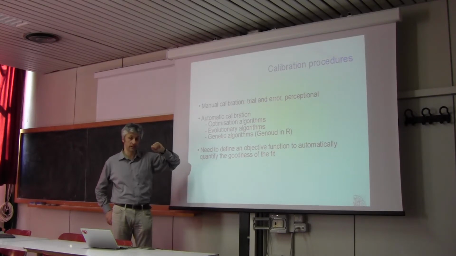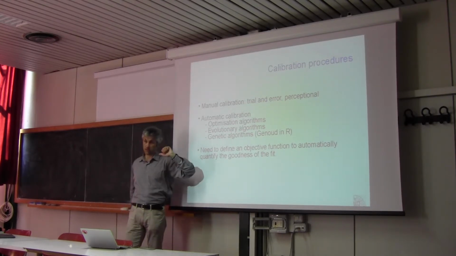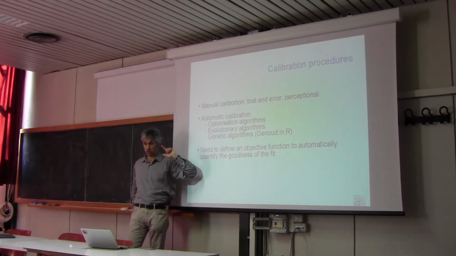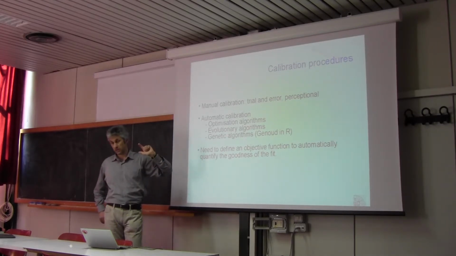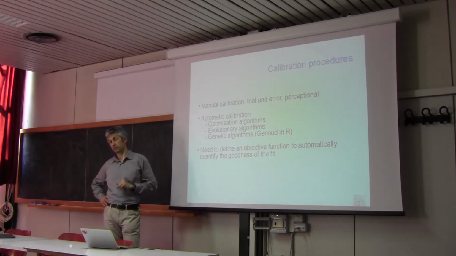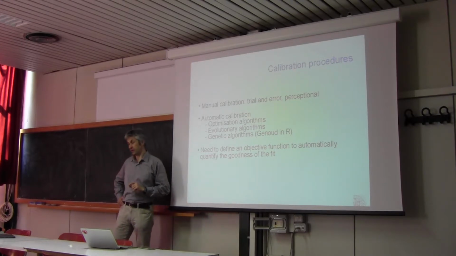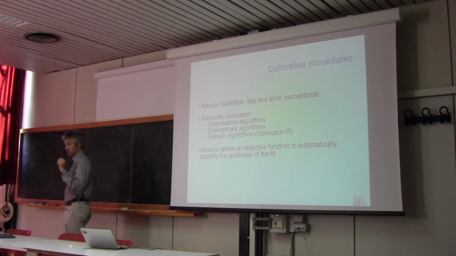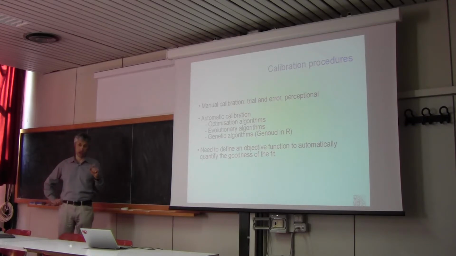And usually they need to know what are the parameters to be calibrated. They need to know how to measure the model performances. Therefore, they need typically some observed values to be compared with the model output. And they need to know, and this is most important, how to make the comparison, which is automatic.